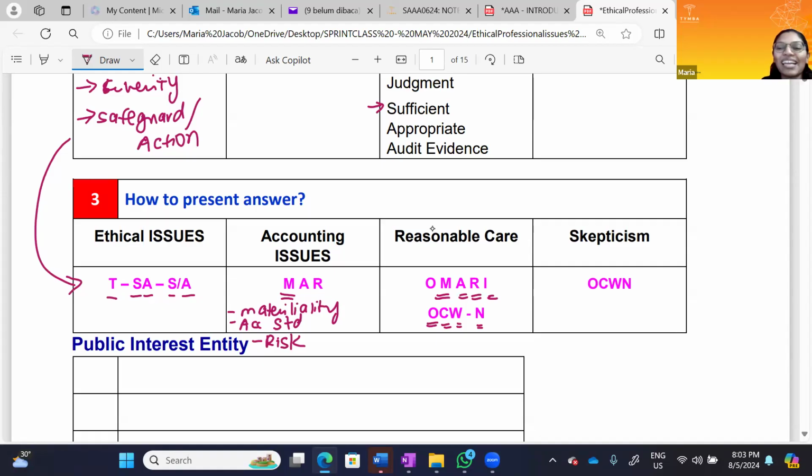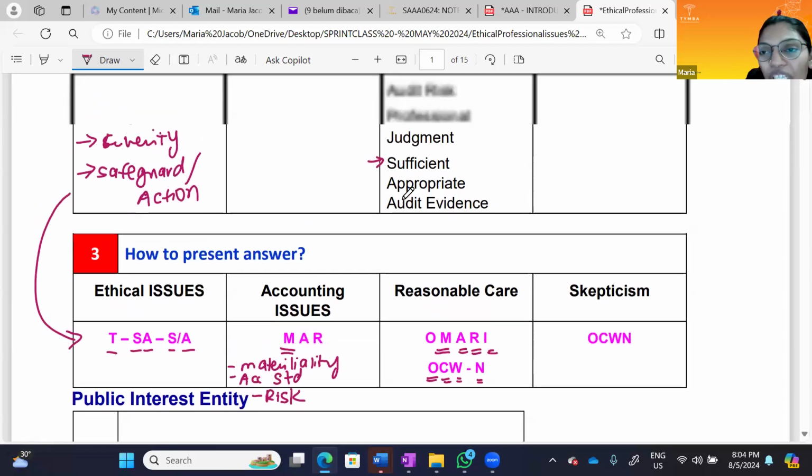Now, yes, I have put in an acronym. Later when we are doing questions, I'll explain again what it all means. For now, you have this acronym. Ethical, I'm going to use TSASA. Accounting issue, I'm going to use MAR. Reasonable care, I'm going to use OMARI or OCWN. So have these points first.